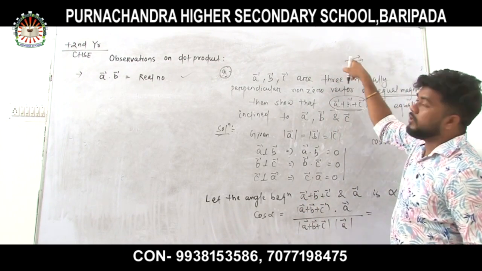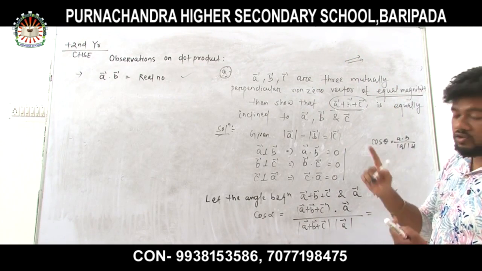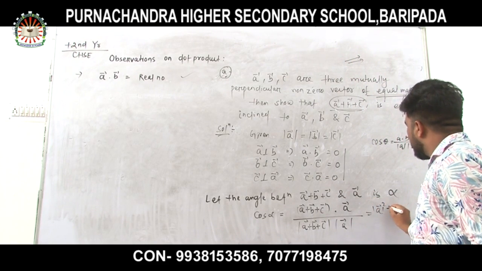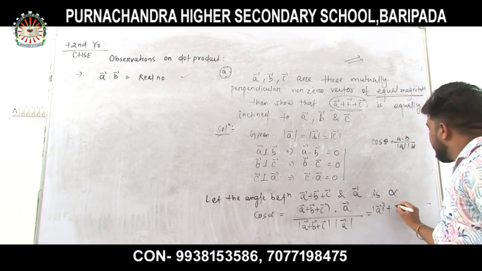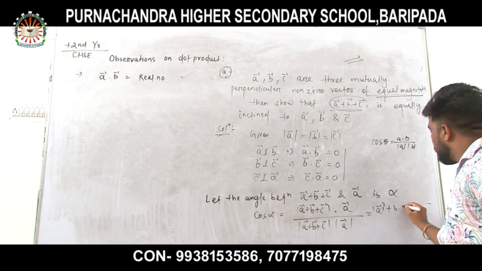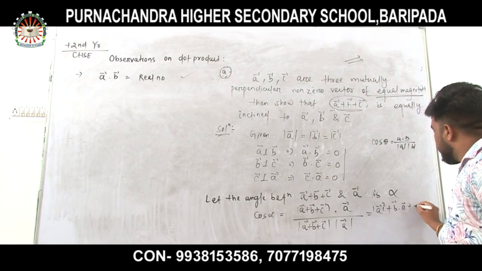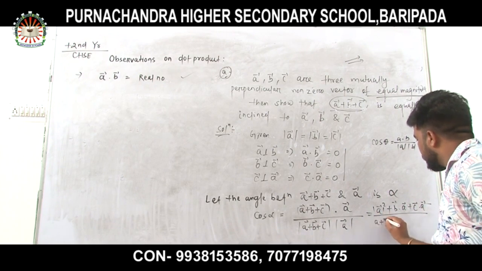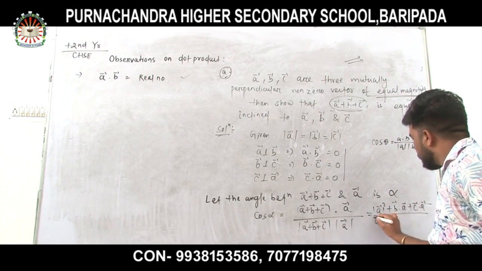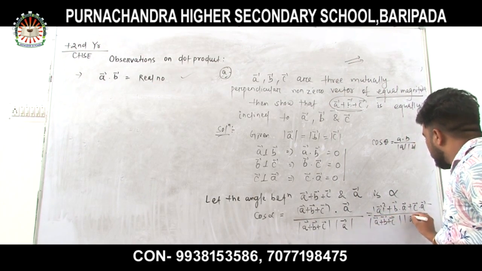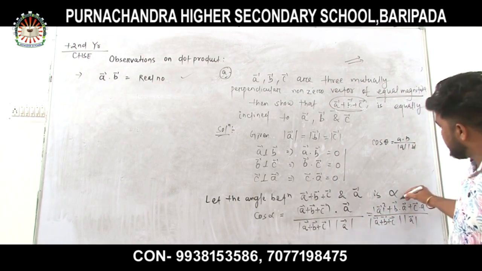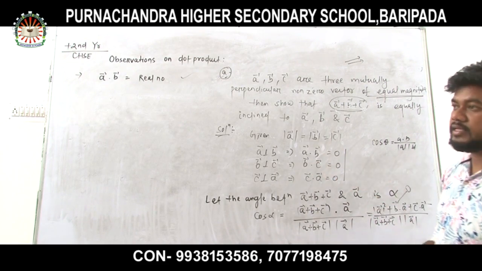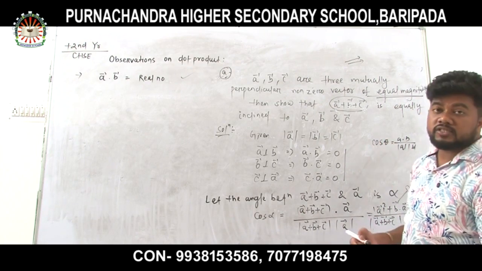A dot A, the angle between them is 0 degrees. So A square plus B dot A plus C dot A, by magnitude of A plus B plus C times magnitude of A. These are 0. A dot B or B dot A are equal because dot product is commutative.